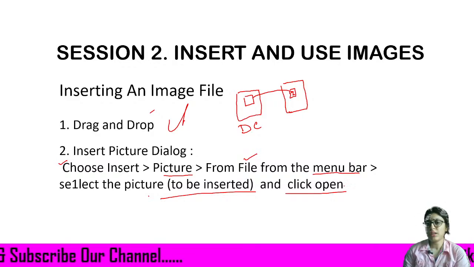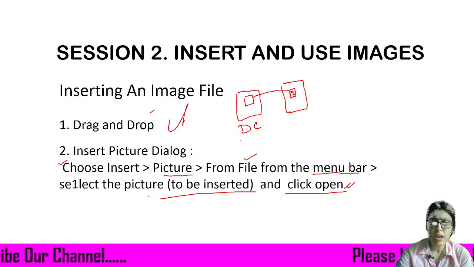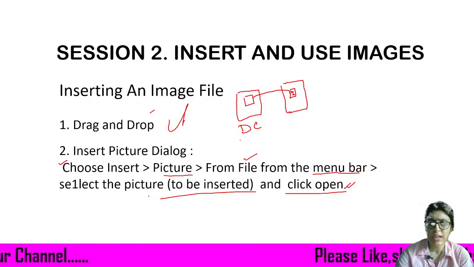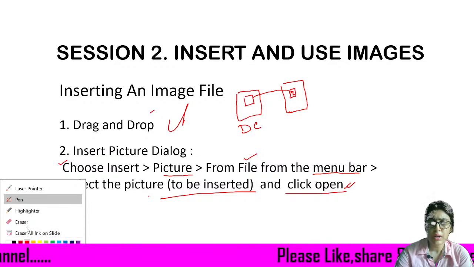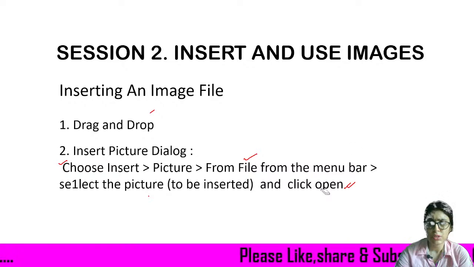Whenever you click Open, the picture will be inserted into your file. Now this is how you can insert your picture using the picture dialog box, right? Now we will move to OpenOffice and we will see how it actually works.